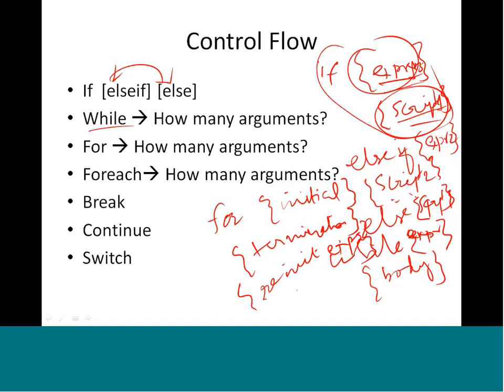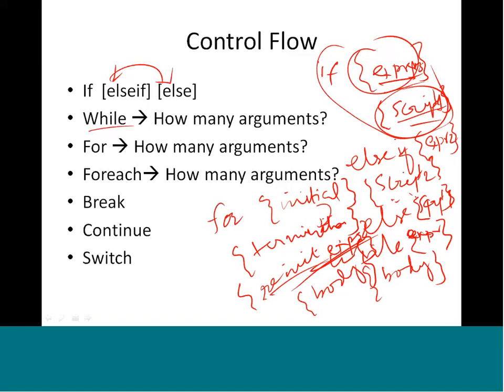So what does this do? We'll talk about that, and then finally the body or the script itself. So the re-init expression is basically how to go from initial to the termination. So in a simple case, initial can be set x 0, and then the termination condition can be $x less than or equal to 10, and then the re-init expression will be incr x, and then you can have the body. So that particular loop will be repeated 10 times.